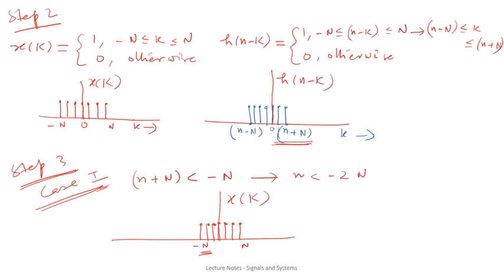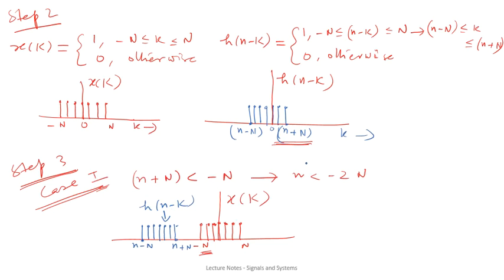If you draw it with a different color, this point will be n minus N, and this point will be n plus N, and this signal is h[n minus k].